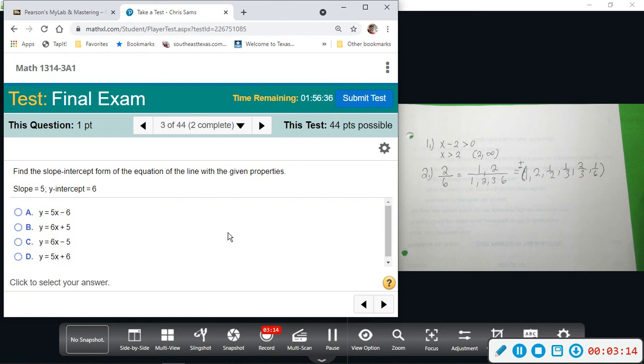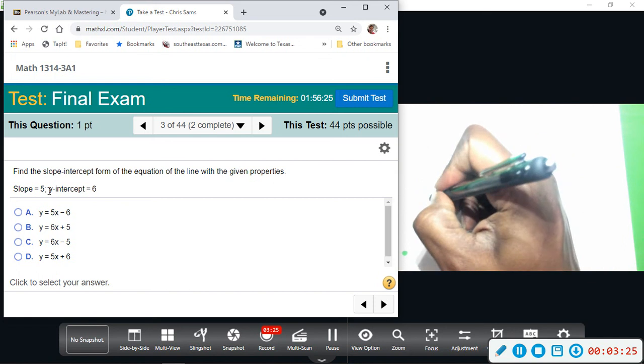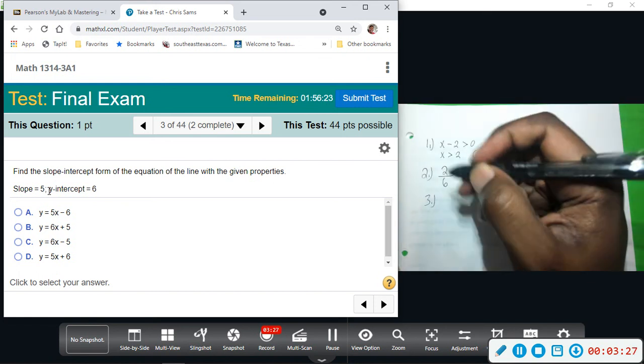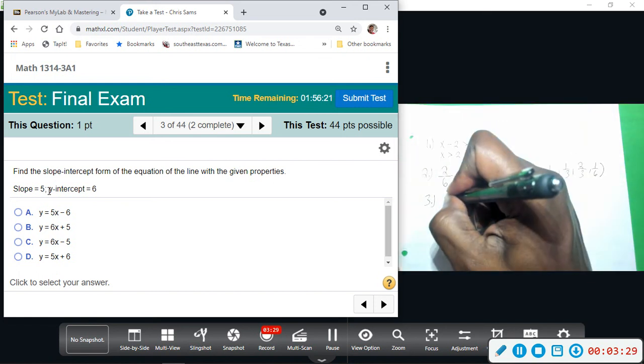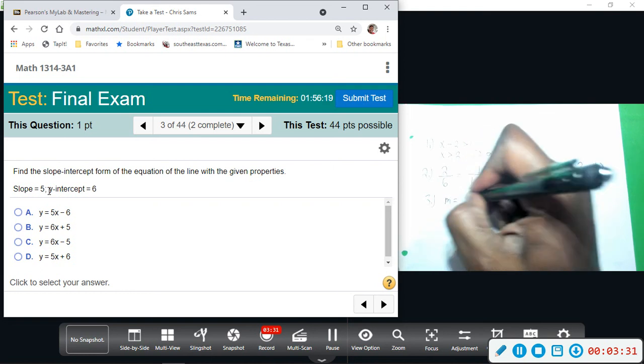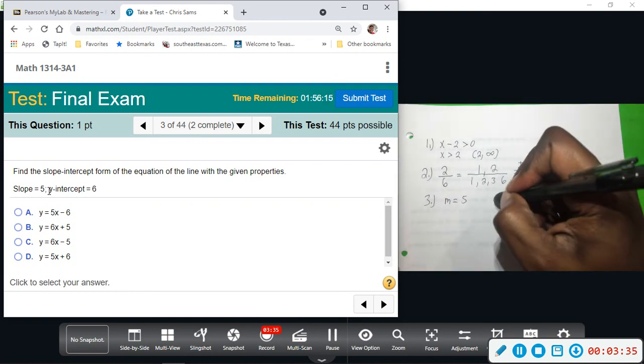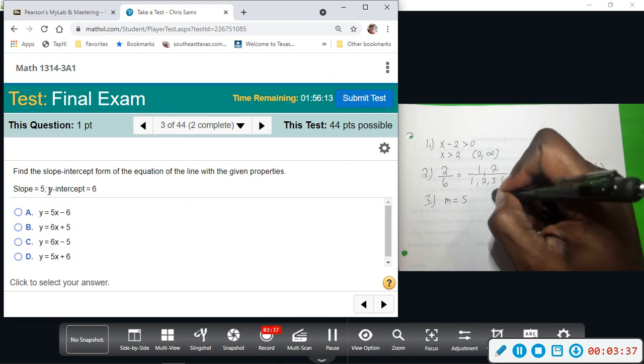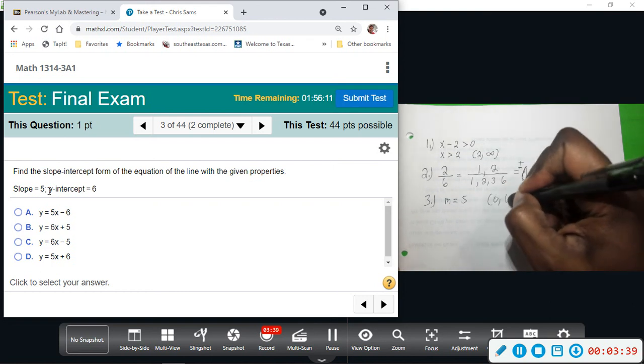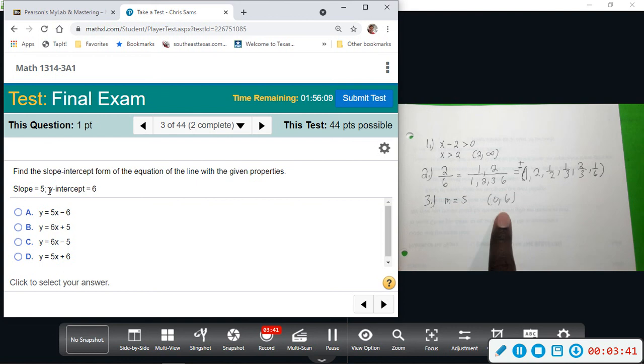Number 3, we want to find the slope intercept form of the equation of the line. What they're giving us is the slope, which is m equals 5, and then they're giving us the y-intercept, the ordered pair 0, 6. When they give you the slope and the intercept, that's pretty much what you need.